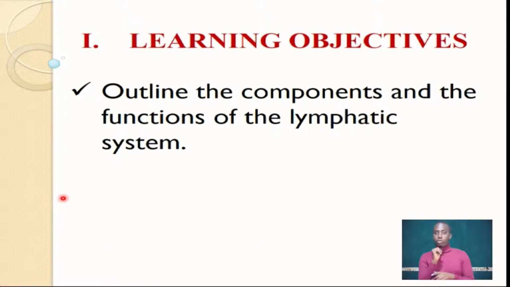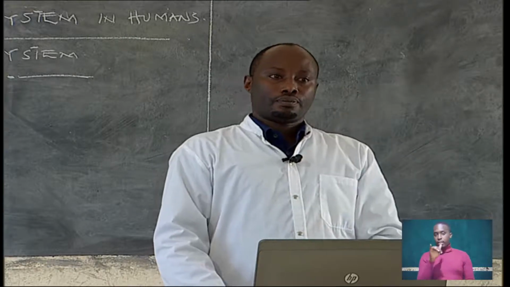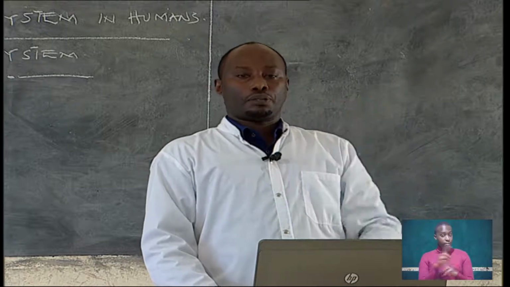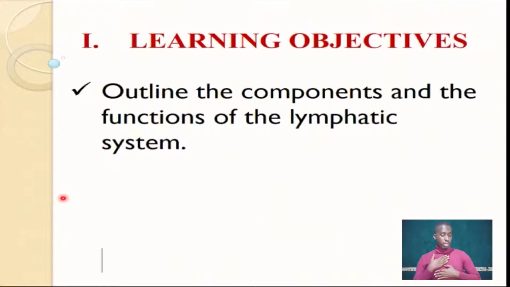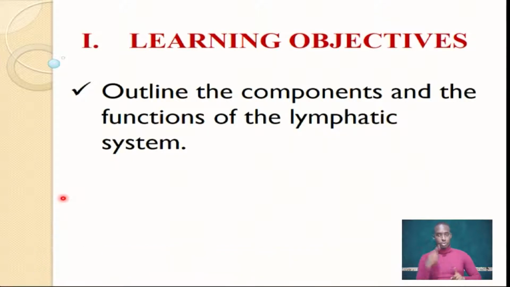Not only that, the lymphatic system contains lymphocytes. What are lymphocytes? Lymphocytes are very important in protecting our body against infection, disease-causing agents, bacteria, viruses, etc. We are going to see how the lymphatic system acts as a drainage system, returning the fluid into the blood circulation.